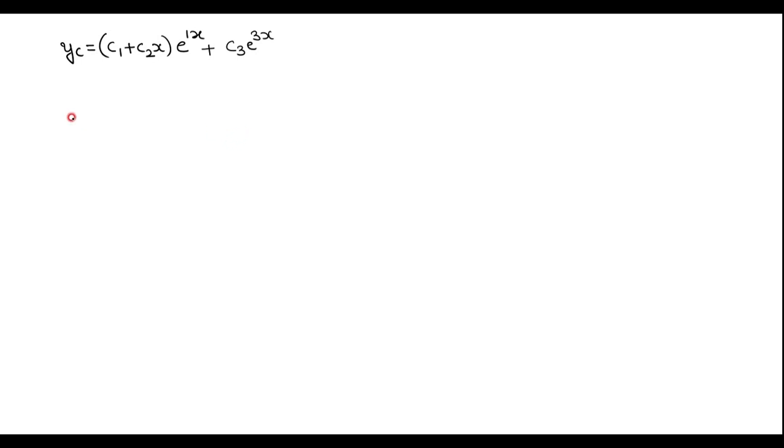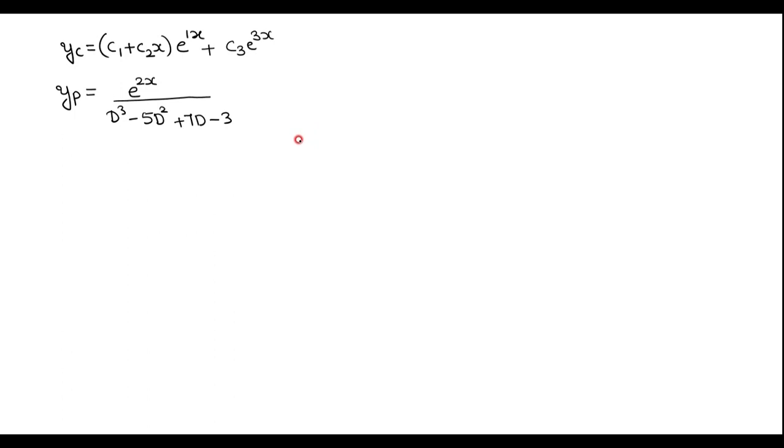Now we'll go for finding the particular integral of this. To find any particular integral, whatever is there on the right hand side, write that function divided by its differential operator, which is D cube minus 5D square plus 7D minus 3.